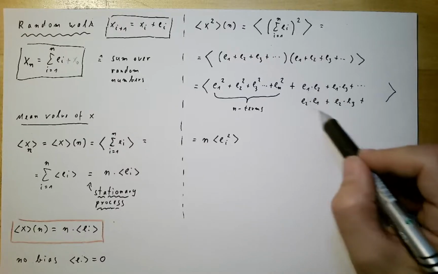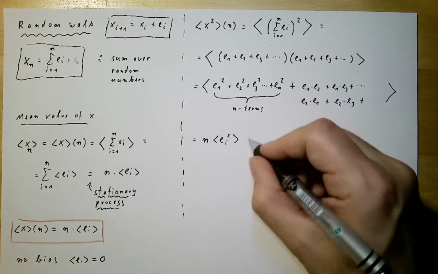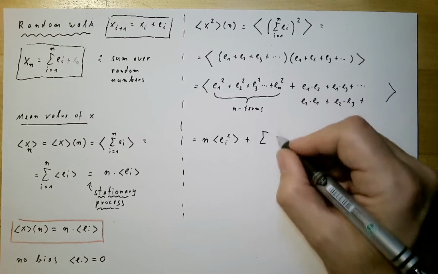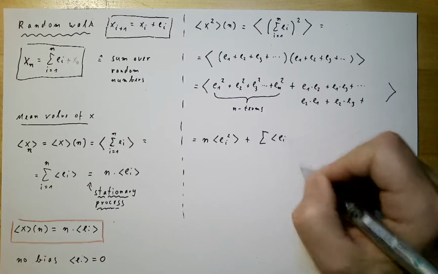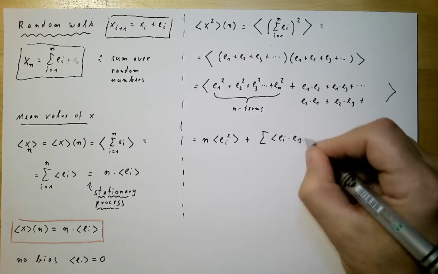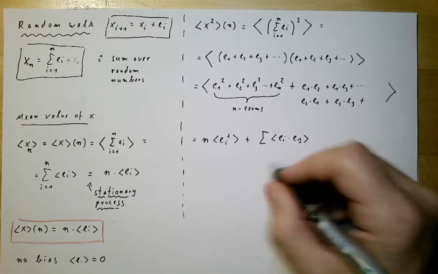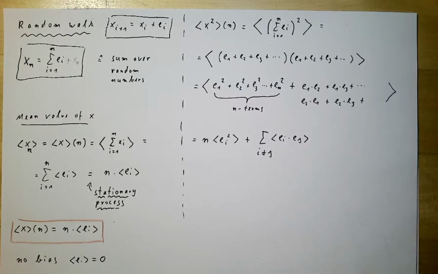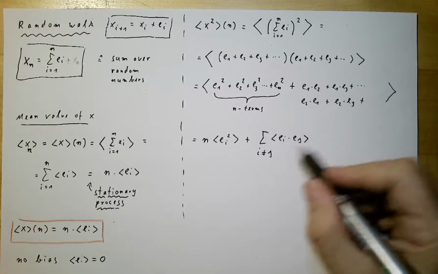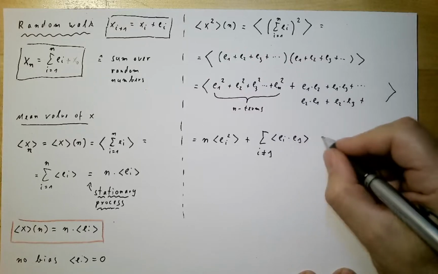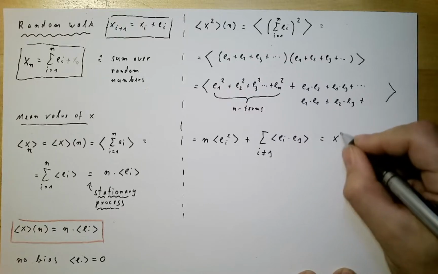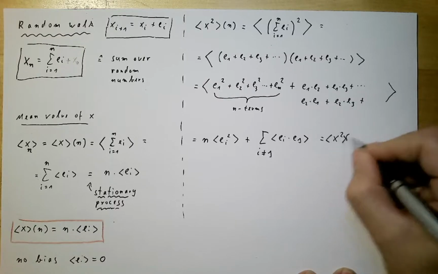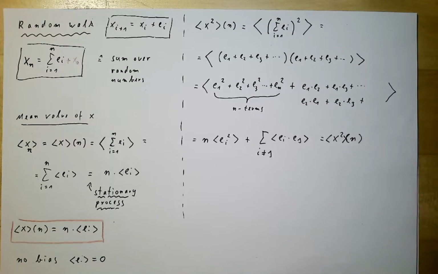And then we have the sum of all these expectation values e_i times e_j, where we assume that i is not equal to j. That's the famous correlation sum. And this gives us the second moment expectation as a function of time.